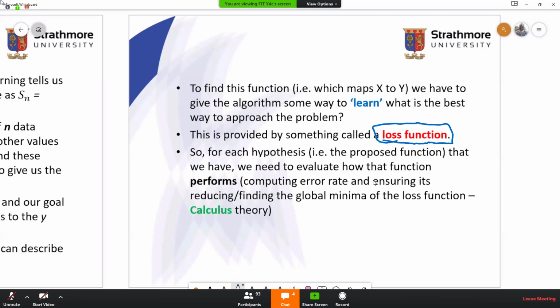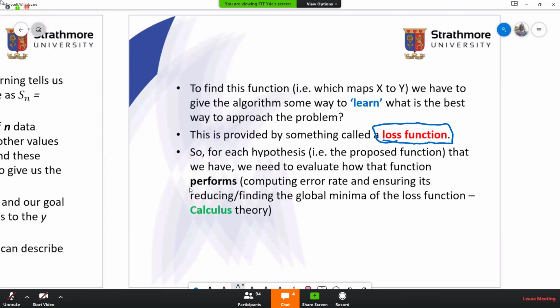There's a loss function. There's data. Data has features. And you actually want to discover the true function that is mapping x to y. So for each hypothesis that we have, we need to evaluate how the function performs.